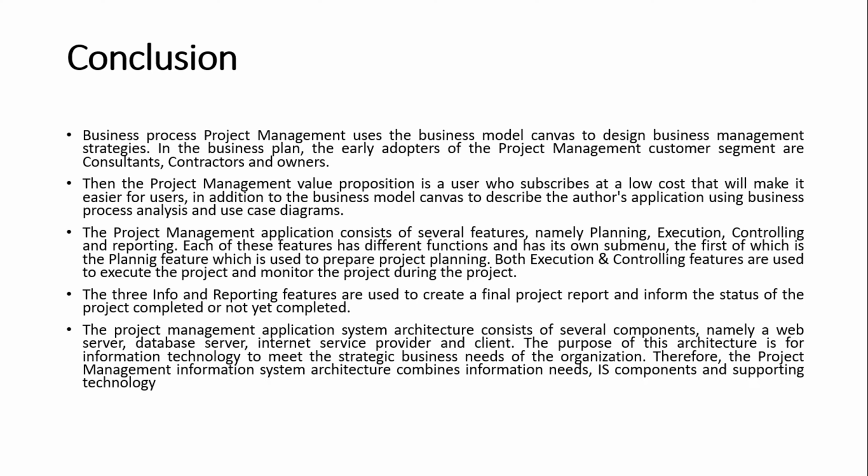The system architecture consists of several components, namely web server, database server, internet service provider, and client. The purpose of the architecture is for information technology to meet the strategic business needs of the organization. Therefore, the project management information system architecture combines information needs, components, and supporting technology.